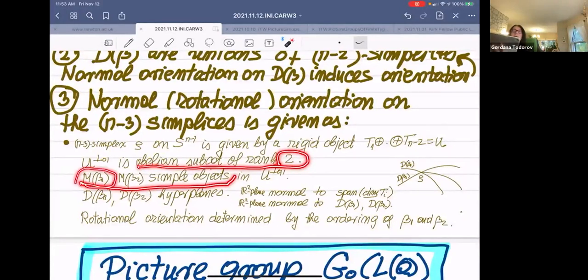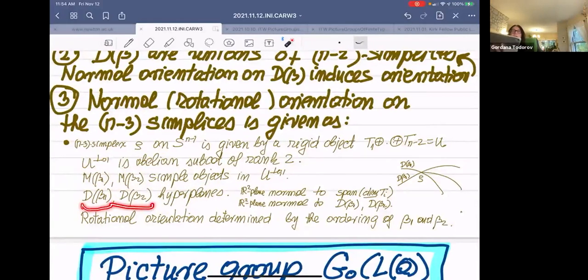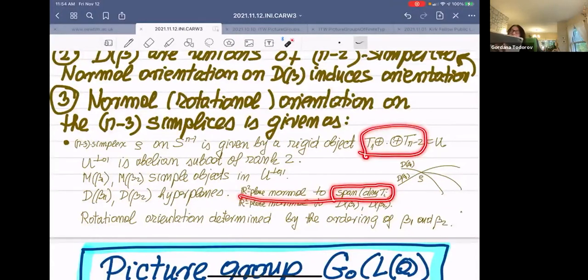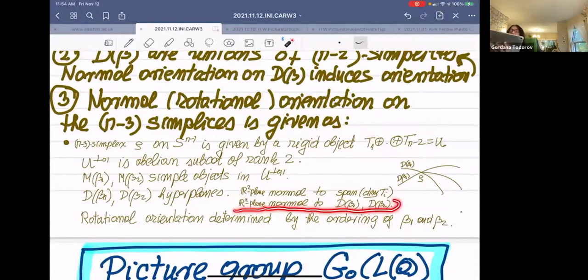So we take M beta 1 and M beta 2 to be the simple objects in this right perp category. Now, these beta 1 and beta 2 determine hyperplanes. So then we look at the R2 plane, which is normal to the span of these N minus two T's, and it is also normal to these hyperplanes D beta 1 and D beta 2.